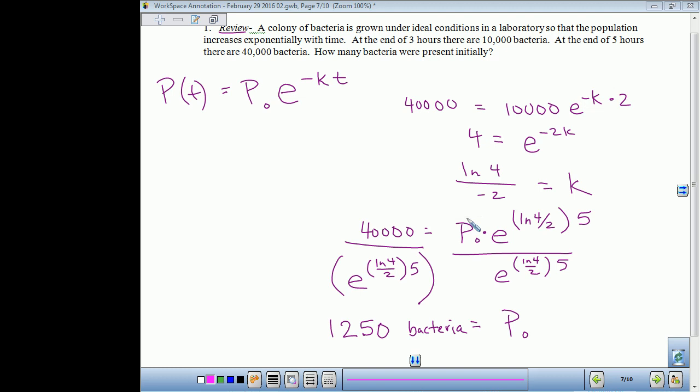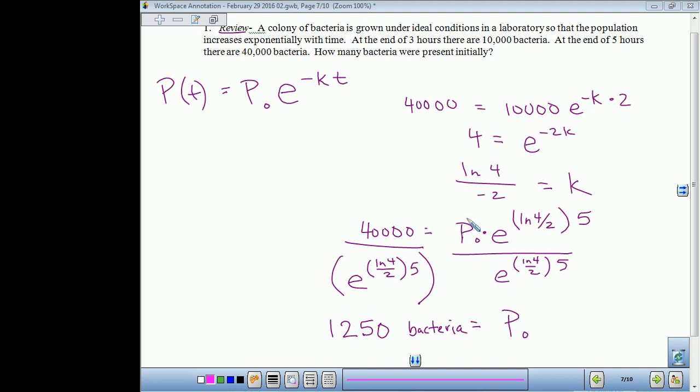So this is kind of a cool problem where they don't give us P0. Sometimes we're not given the initial, and we have to work backwards to it. If I give you a problem where I don't give you the initial population or the initial temperature, I'm going to give you enough information to work backwards to it. We pretended that 3 hours later is actually time 0, so 5 hours later would actually be 2, because that's the difference between the 3 and the 5.